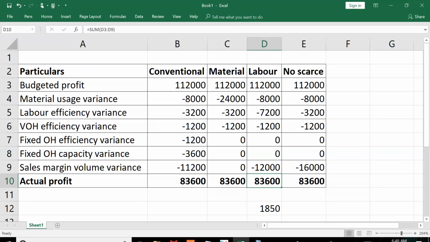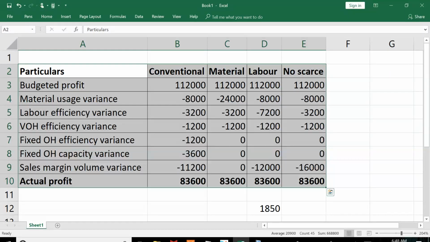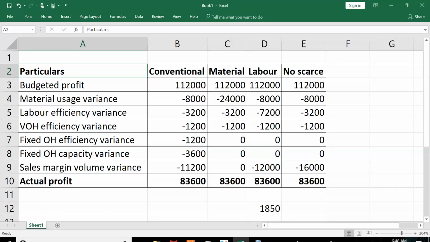Next, scenario C, no scarce input. You can write the loss of 200 units.